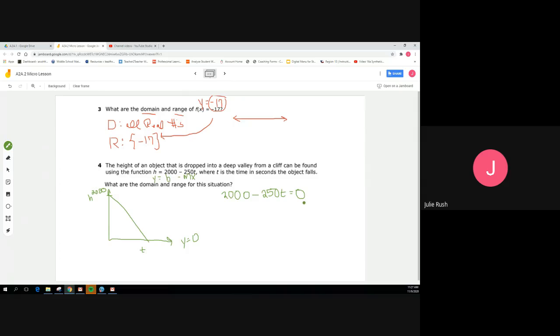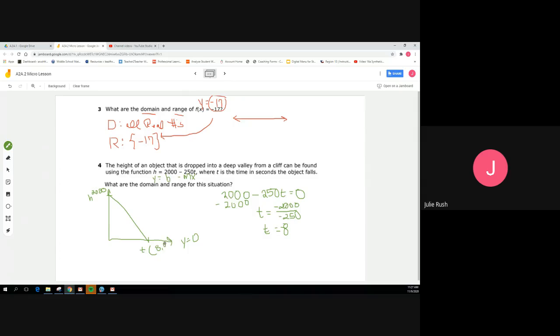If I do it by hand, I'm just going to move my 2000 to the other side, which means t equals negative 2000 divided by negative 250. And when I do that math, negatives cancel out, and it gives me a time of 8 seconds. So this point right here is the point 8, 0.